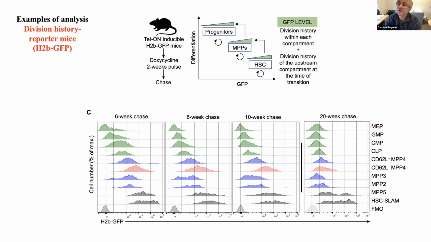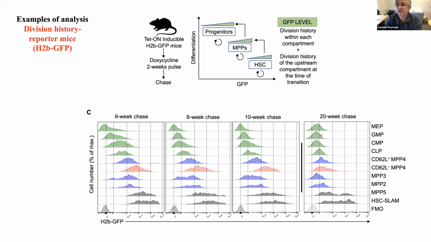In this case, you see that all the intermediary and short-term progenitors have divided and lost their fluorescence, and that the more quiescent or slow cycling compartment have retained the labeling. This is a good way to segregate the population which has the most quiescence at steady state.